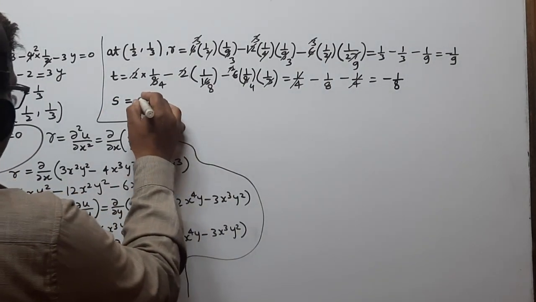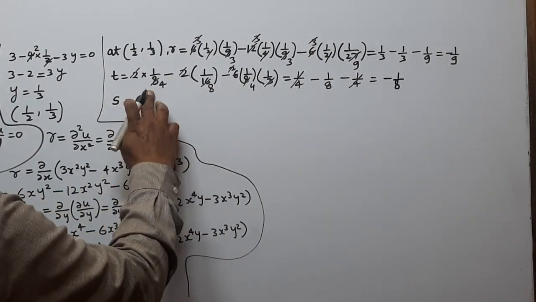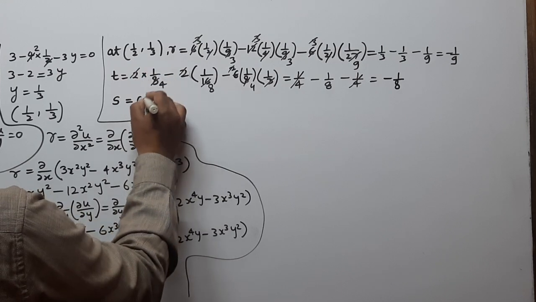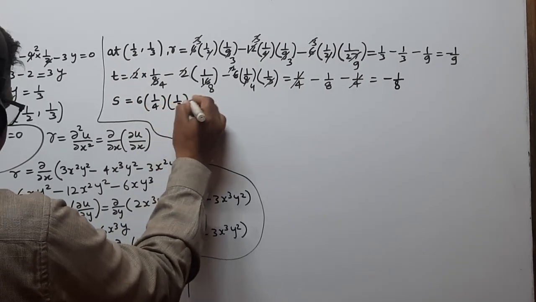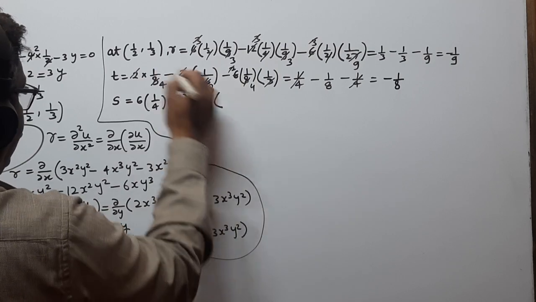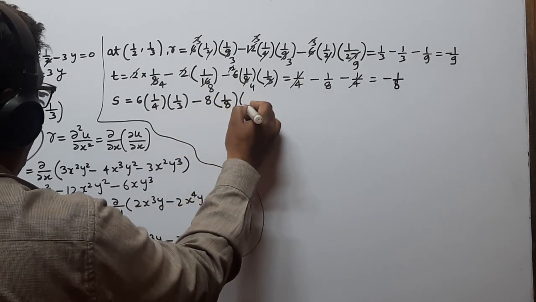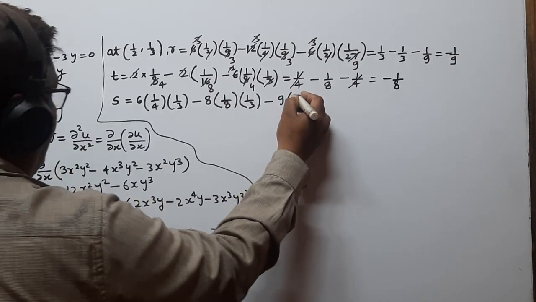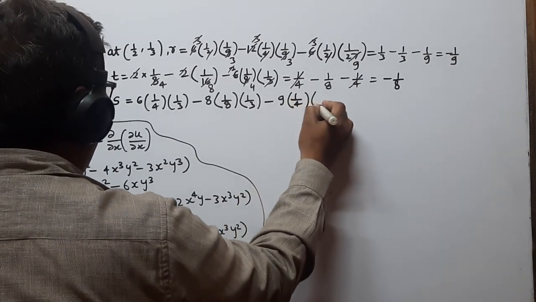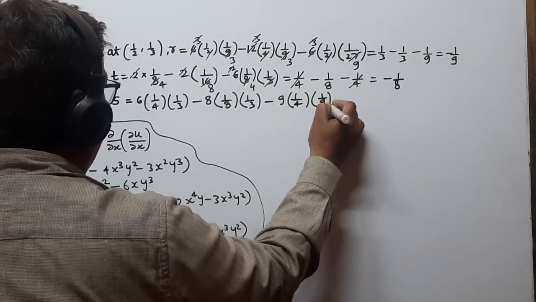So this is 6 x square, x square is 1 by 4, y is 1 by 3, minus 8 x cube, this is 1 by 8 and y, this is 1 by 3, minus 9 x square, so this is 1 by 4 and y square, this is 1 by 9.